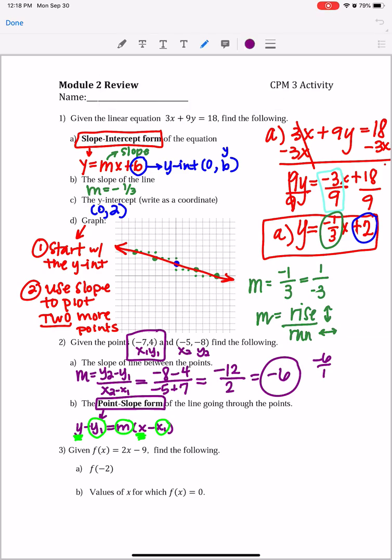So I've got y minus my y1 is 4, equals my slope we found to be -6, and then in parentheses x minus my x1 is a -7, so again remember minus that negative makes that a +7.